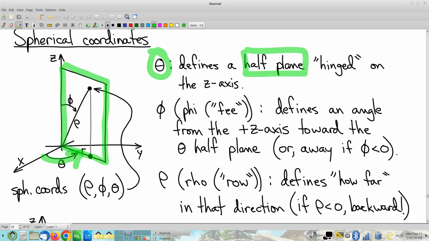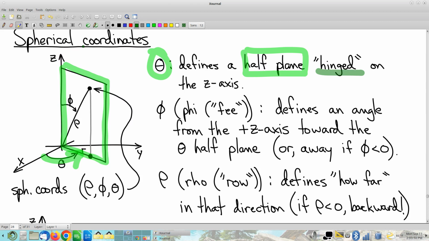As I like to say, hinged on the z-axis. So it's like the z-axis is a hinge, and you can think of this half plane as being like a door that hangs off of that hinge, just like a door. Okay, so everybody good so far? Yes. All right, cool.